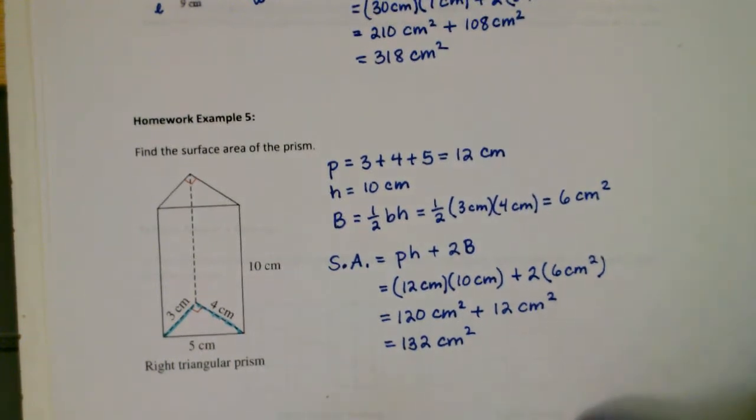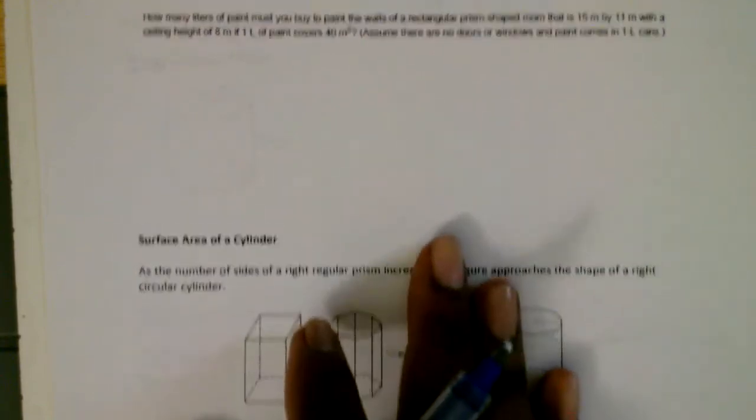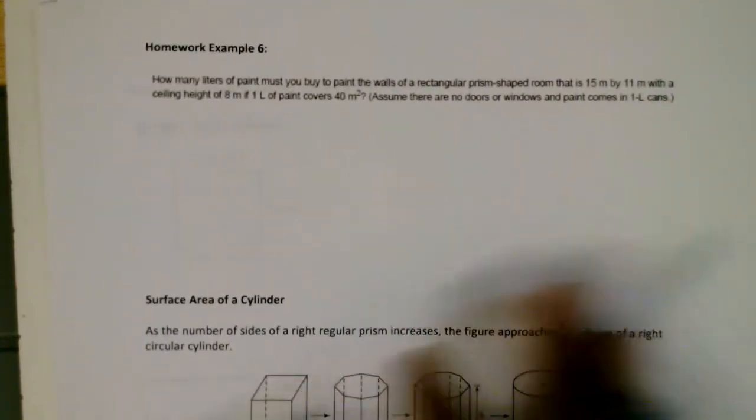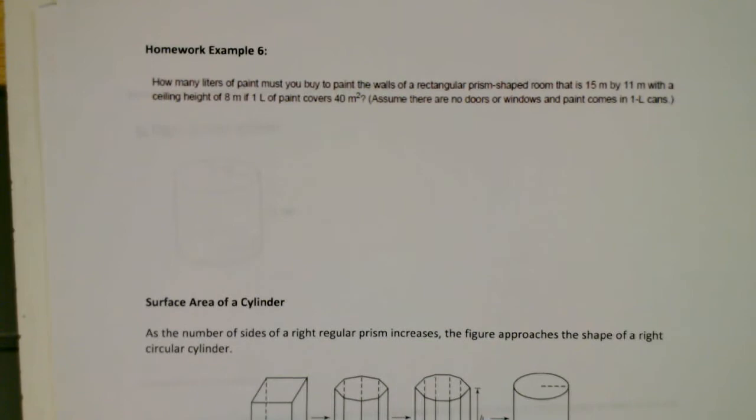All right, now on the next page is an application problem related to a rectangular prism. It says here, how many liters of paint must you buy to paint the walls of a rectangular prism-shaped room that is 15 meters by 11 meters with a ceiling height of 8 meters if 1 liter of paint covers 40 square meters?